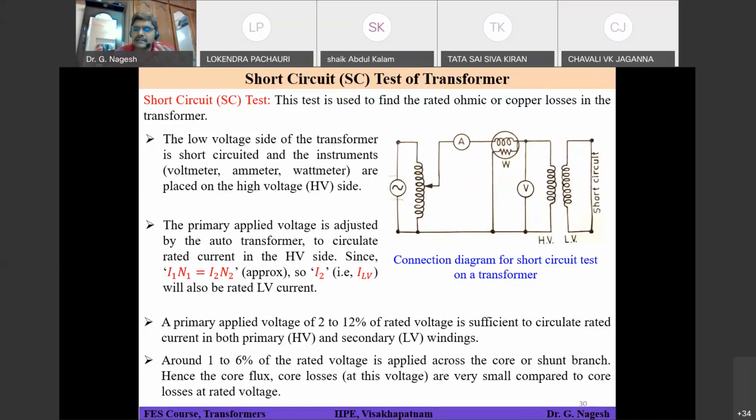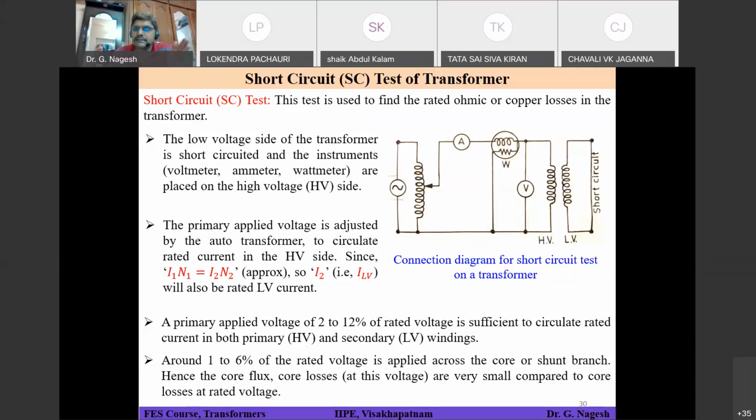Let's consider 100 by 1000 volts are your primary and secondary side voltage ratings.